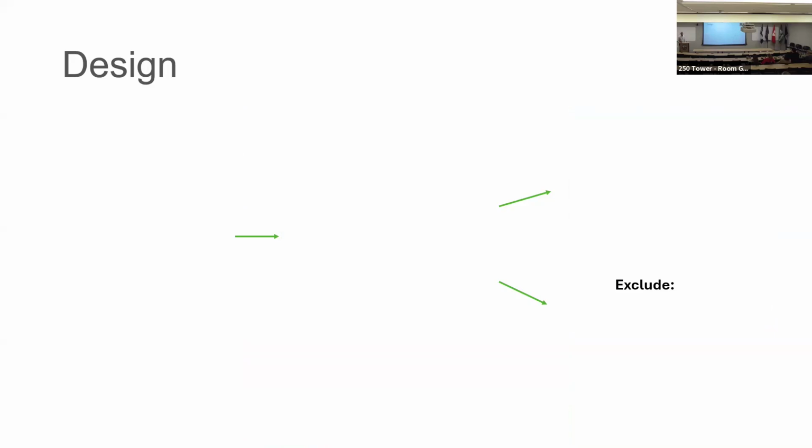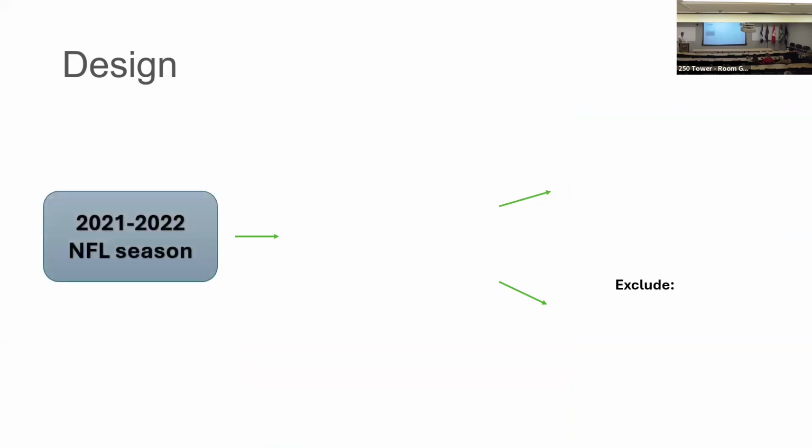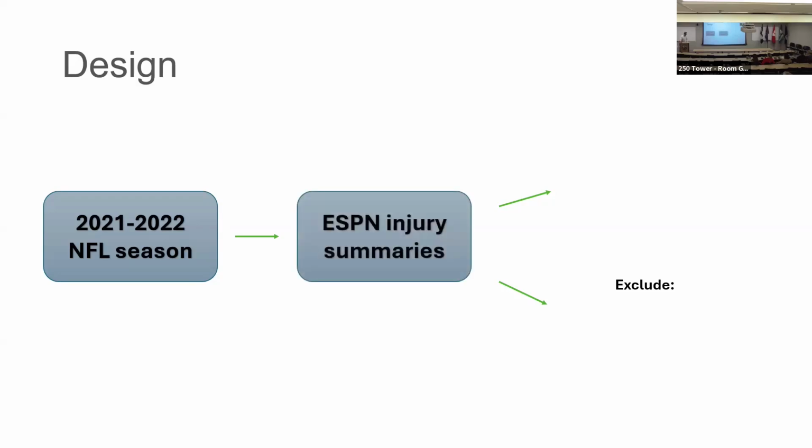As far as how they designed this study, they looked at the 2021 and 2022 NFL seasons. They obtained lower extremity injury data for those seasons from publicly available records. They went to ESPN.com and NFL.com to get injury summaries for the games played, and that's how they obtained their injury data.